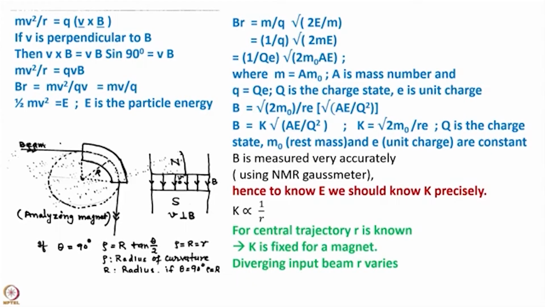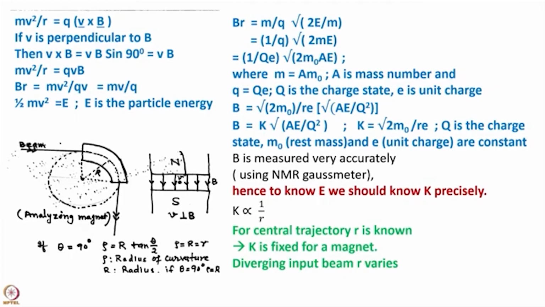Hence, to know the energy of the particle, we should know K precisely. We know B very carefully, so if you want to know E very accurately, we should know the K value of that magnet.